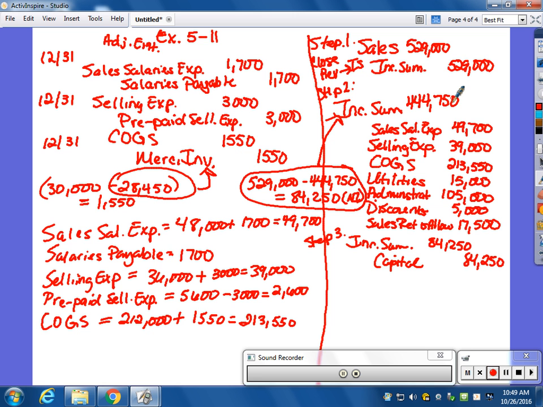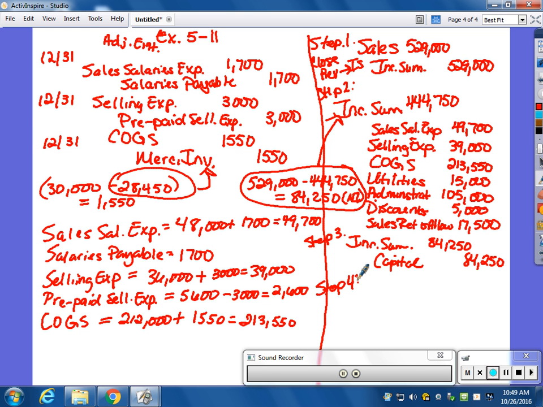Okay, so what's step 4 in the closing process? Close withdrawals to capital. So we debit what?